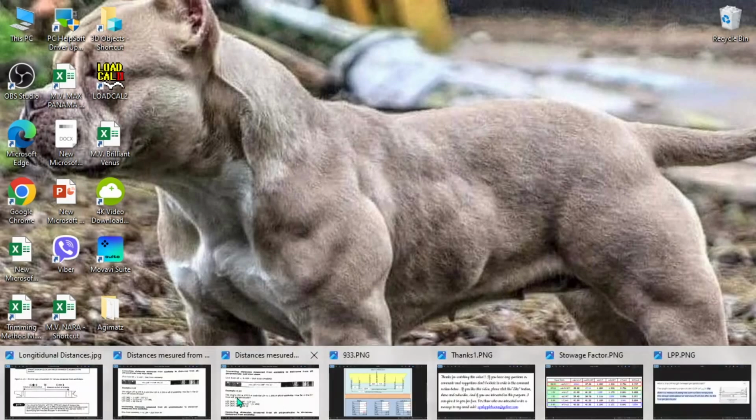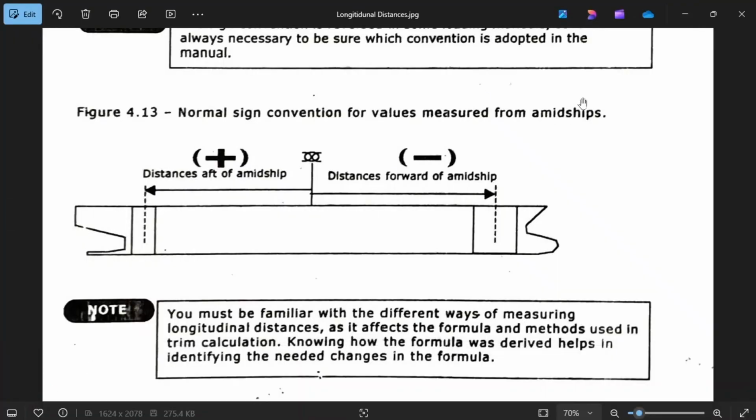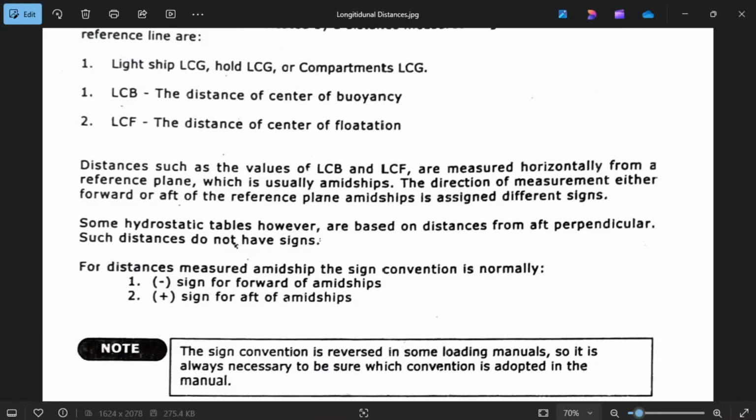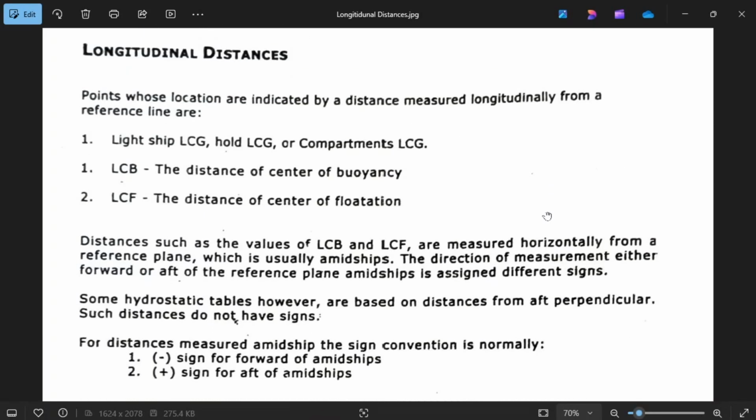I'll start with this one. It says here longitudinal distances. It has three phases with the lightship, which has an LCG, meaning longitudinal center of gravity, and all cargo holds, each hold will also have a longitudinal center of gravity.